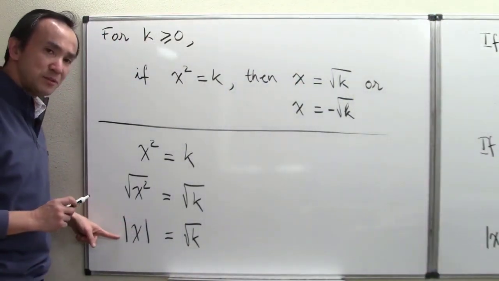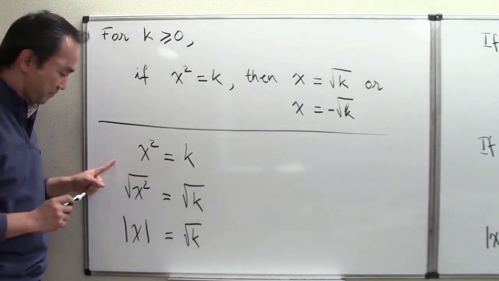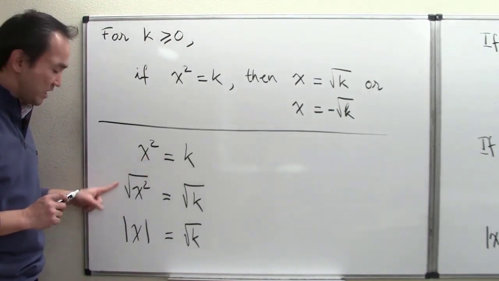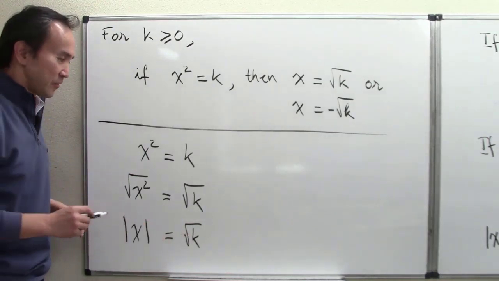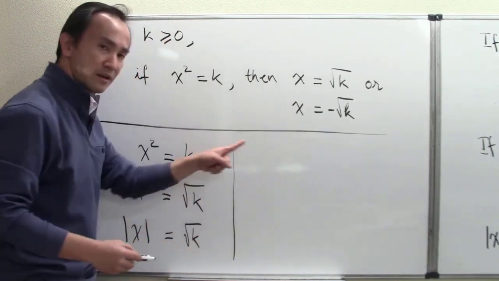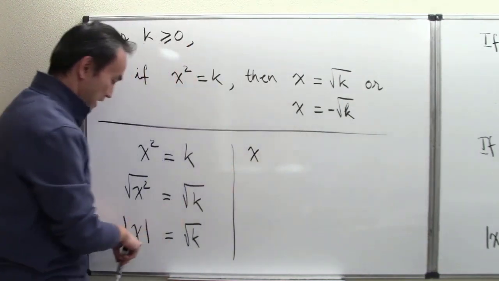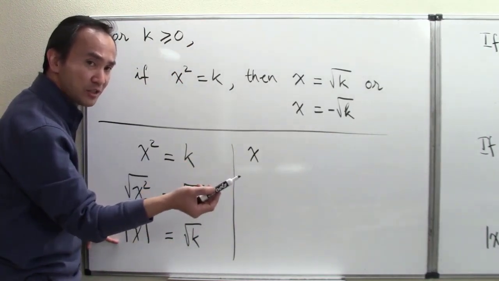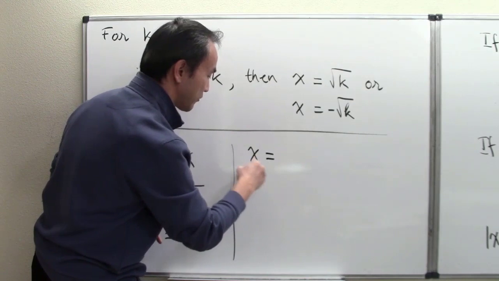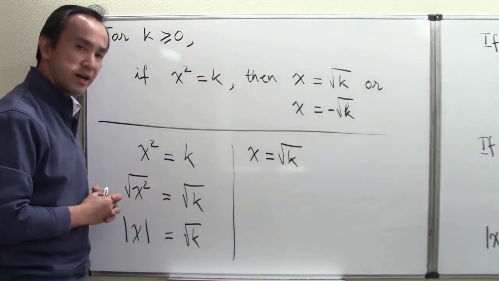And so now at this point right here, once again, from the x squared equals k, I have explained how we arrived at the absolute value of x must equal the square root of k. So that means in the next step, on one hand, absolute value of x can equal x if the unknown is a positive value. And that's why we can have directly x equals the square root of k on the right hand side.